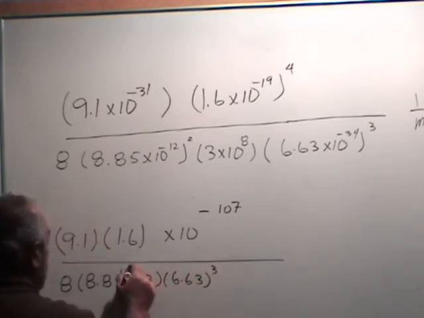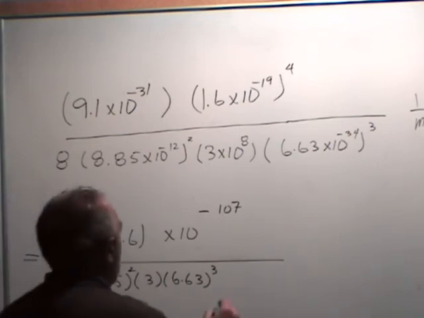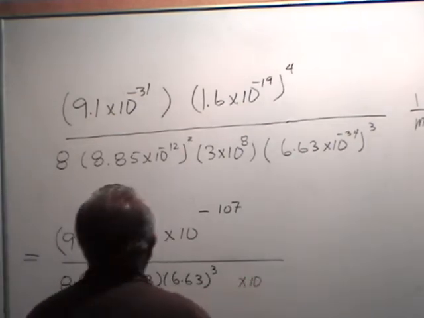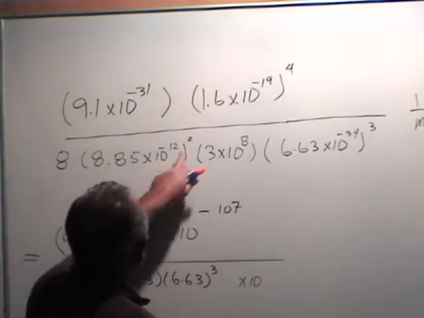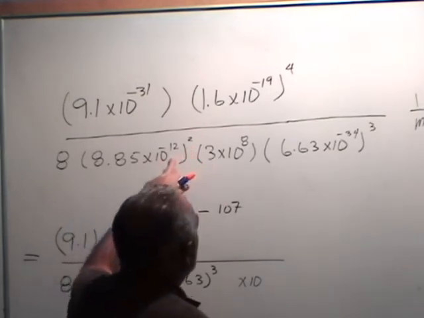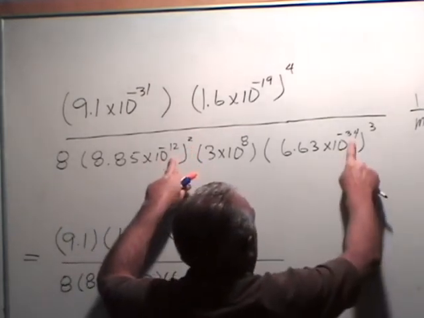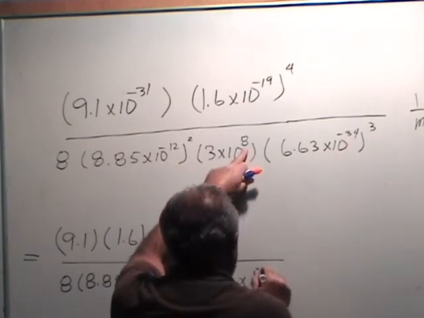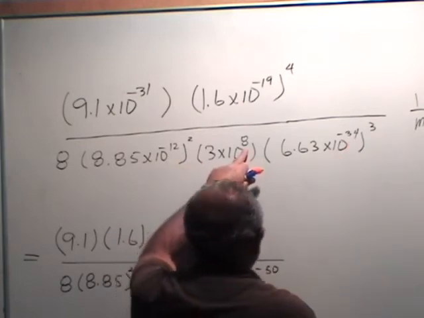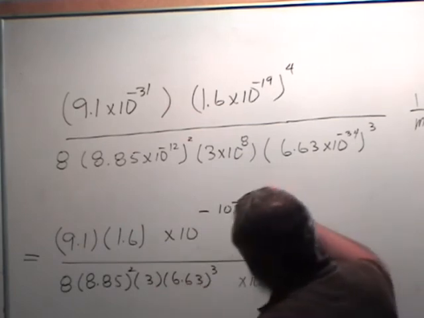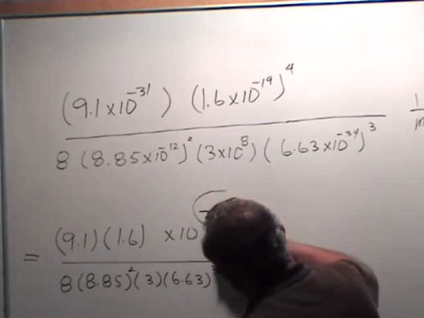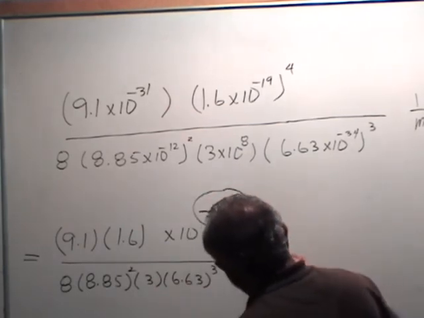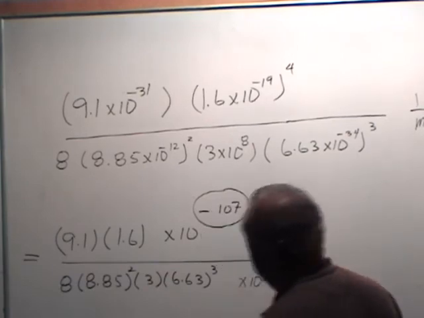This one is cubed, this one is squared. And we have times 10 to the what? 10 to the minus 24. 10 to the minus 58. 10 to the minus 50, do I get that right? Yeah, minus 50. Check my arithmetic, if you would, on these two numbers here. Is that a minus 107? Is this a minus 50?